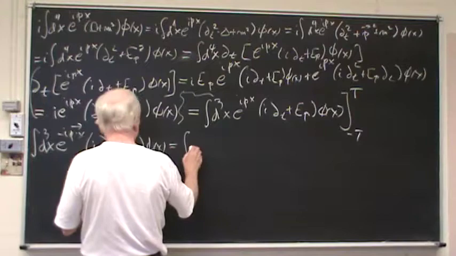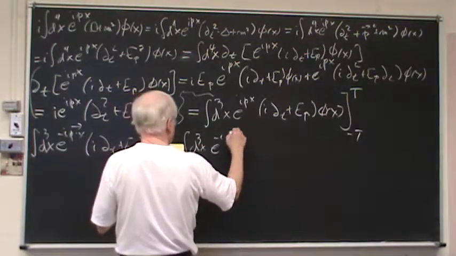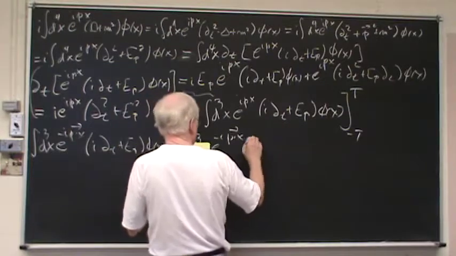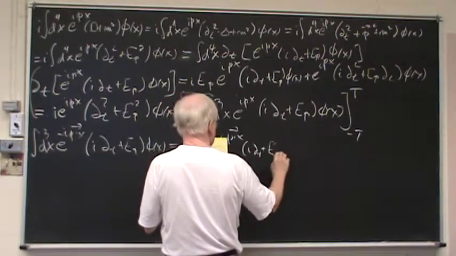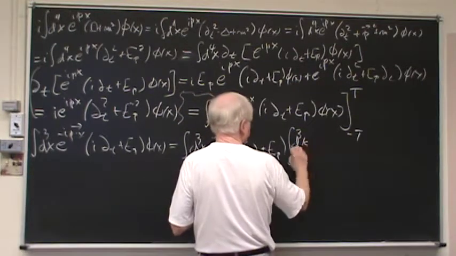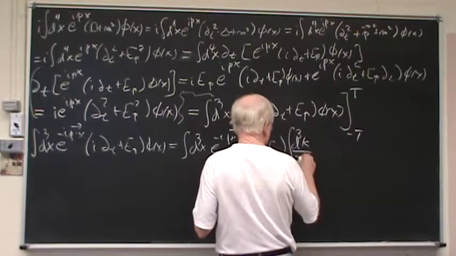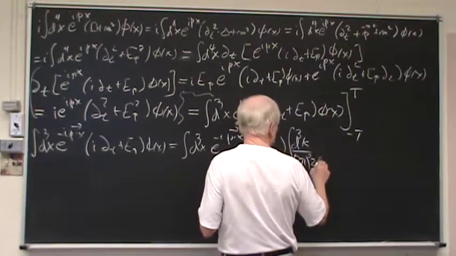This is then integral d cubed x e to the minus I p dot x, I d by dt plus ep, and now the expression for the field, integral d cubed k over 2 pi cubed, 2 ek.